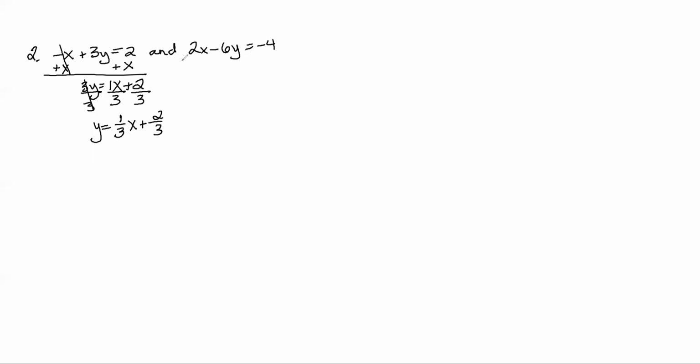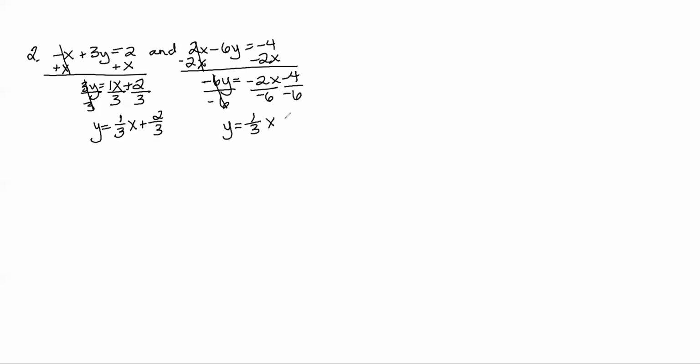Second equation here, I'll subtract 2x. And we get negative 6y equals negative 2x minus 4. Divide everything by negative 6. And we get y equals negative over negative is a positive. 2 over 6 is 1/3 x.